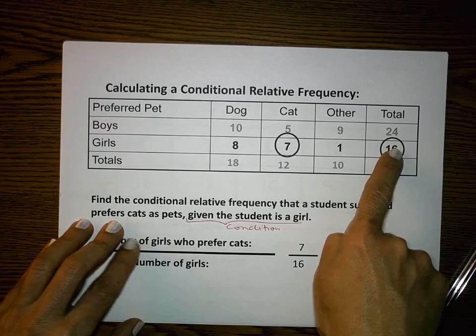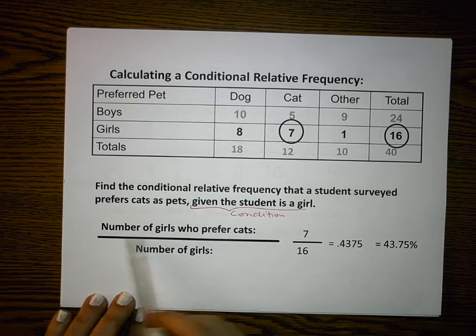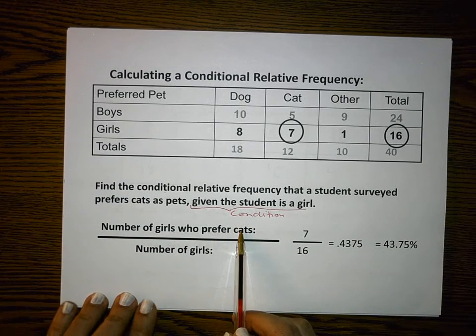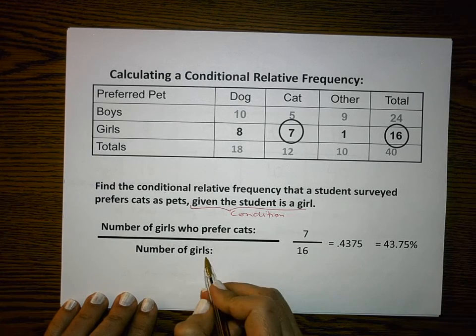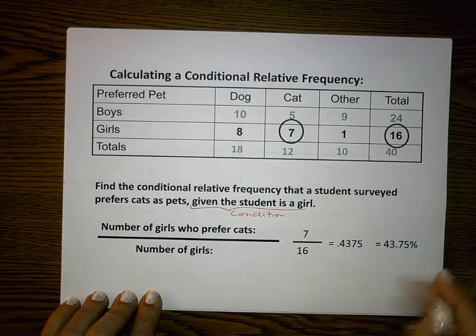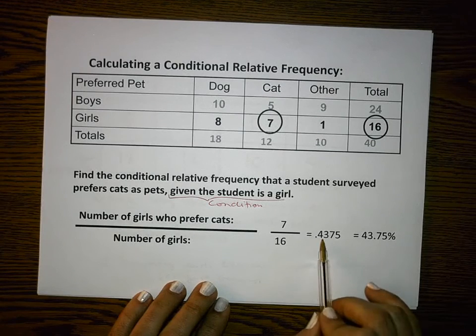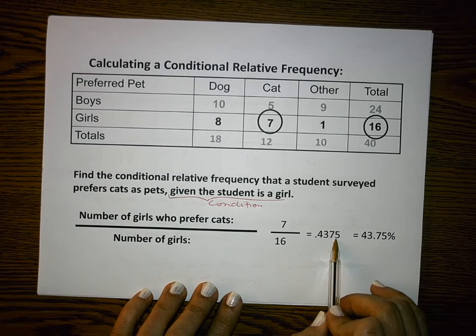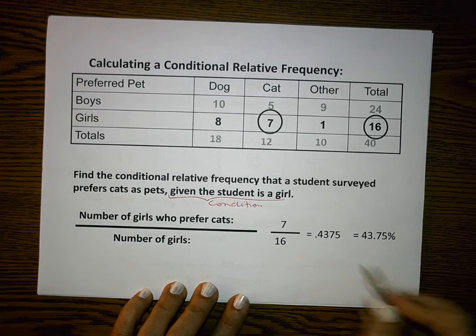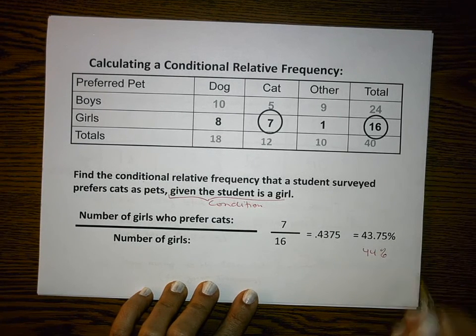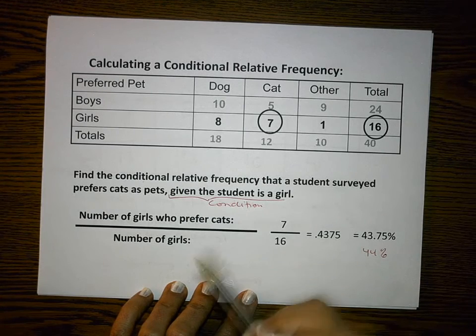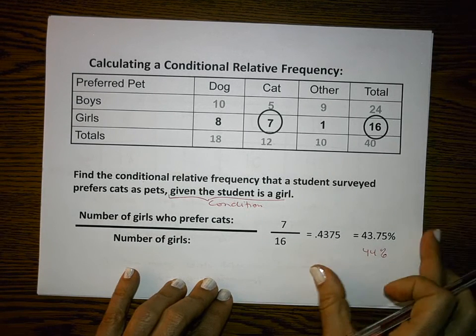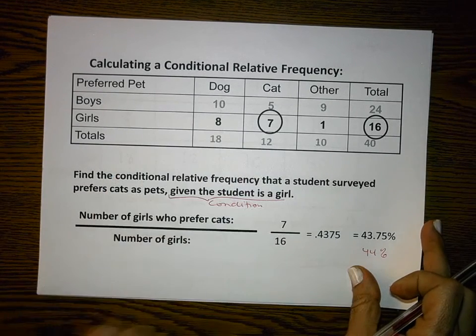The way to set up is the number of girls who prefer cats given the total number of girls. 7 divided by 16 is 0.4375, and you could round to 44%. So you have to pay attention to the condition that is given. And we use the frequency table, the original one.